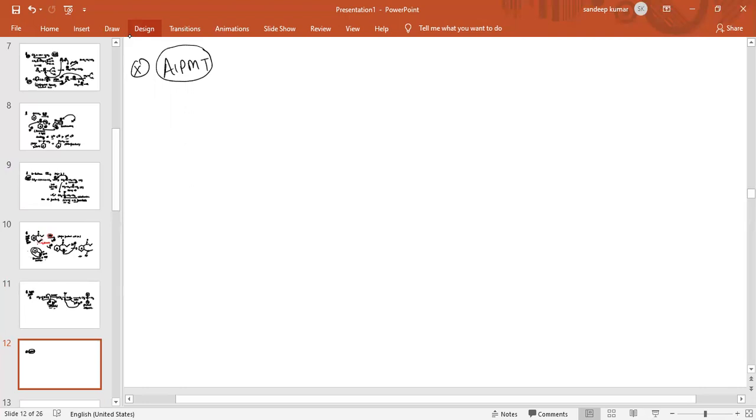The question is given like this: CH3, CH2, C triple bond CH. In the first step, there is addition of HCl, and a compound X is formed.